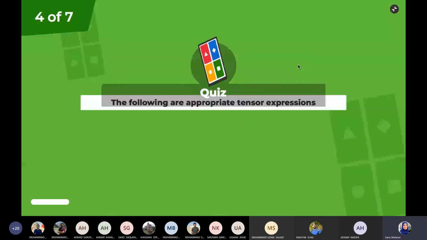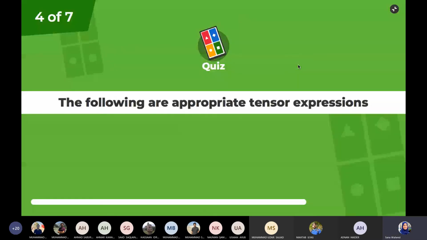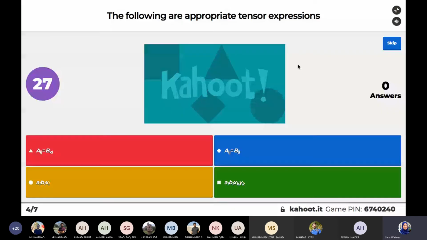Again, another multi-select. This is related to the correct use of dummy and free indices. So which of these expressions are correct?